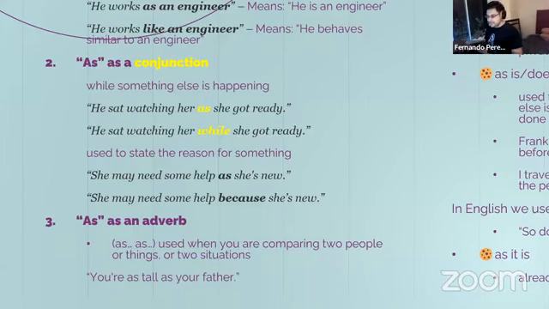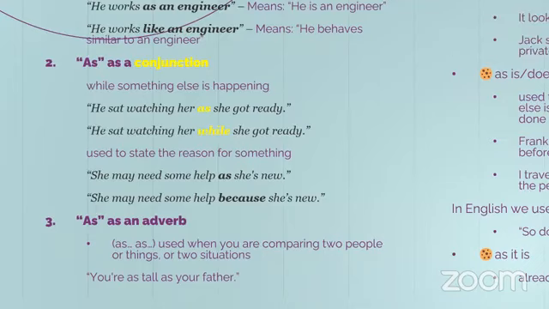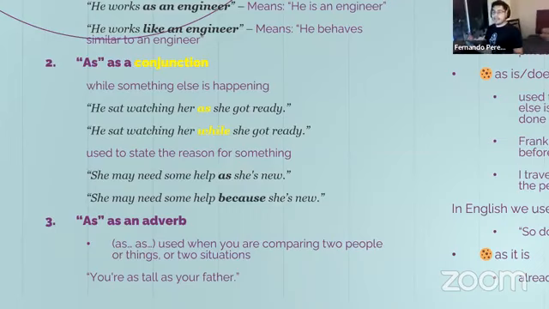For example, the line that you have here. Help me with the example, Michael. As an adverb, used when you are comparing people or things or situations. You're as tall as your father. Meaning that the father and you are equally tall.